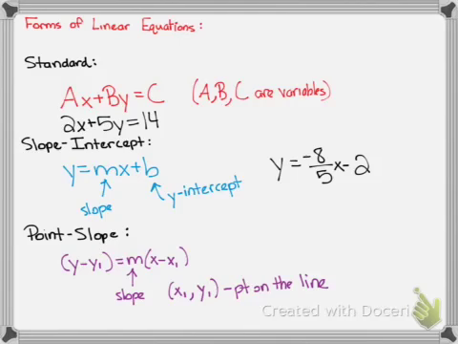So that is a slope-intercept equation. It is a line. You can graph it. And then the last one, point-slope, an example of that would be like y plus 2 equals 4/5 times x minus 3. That is a line in point-slope form.